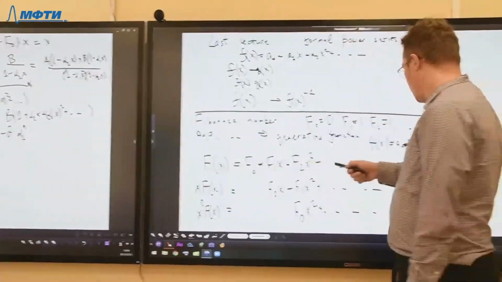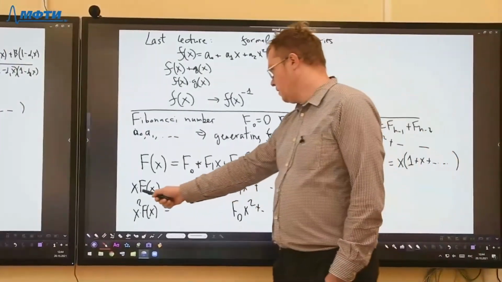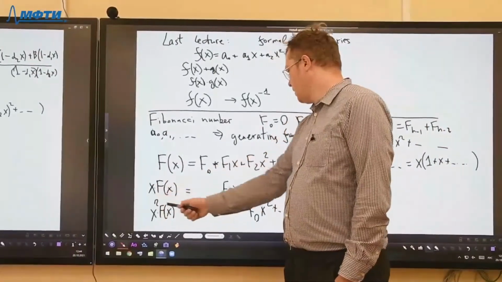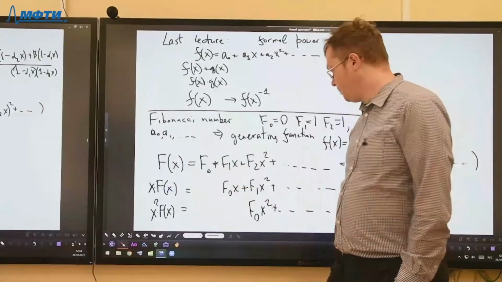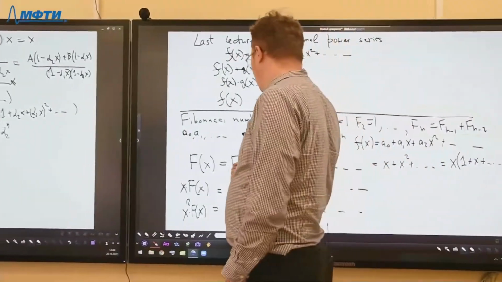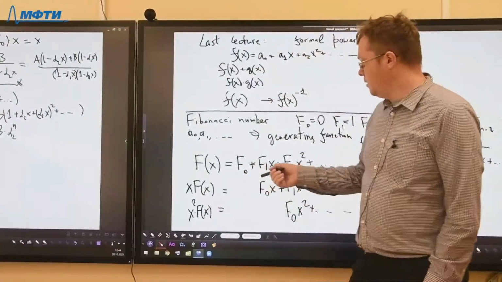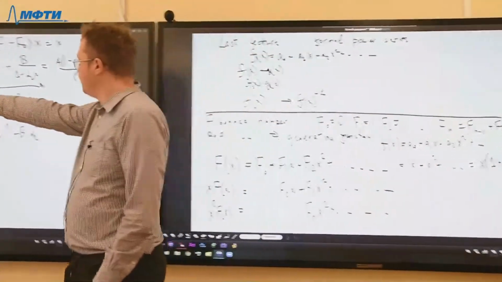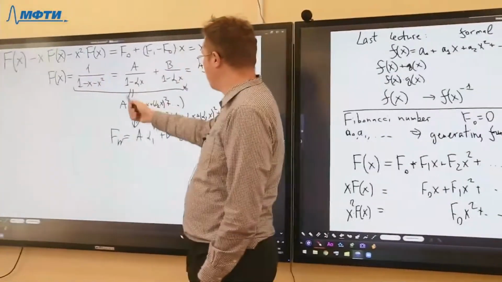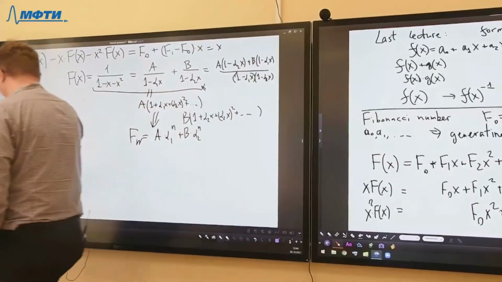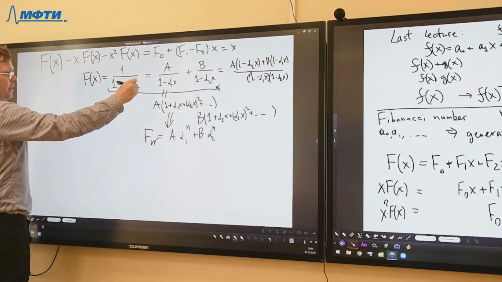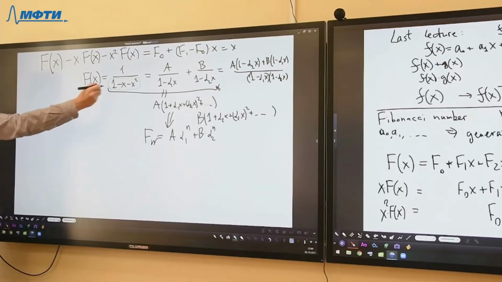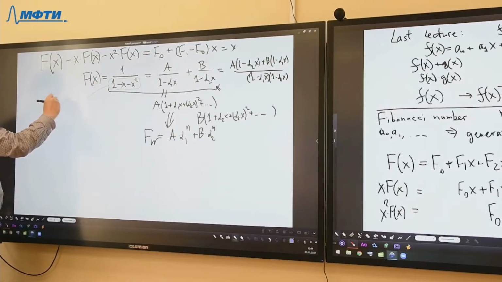You can write the generating function, find the coefficients such that all of them vanish except for the first two elements, and then you can write them in similar form. But of course, here we will have the characteristic polynomial. So this guy in the denominator is nothing but the characteristic polynomial.